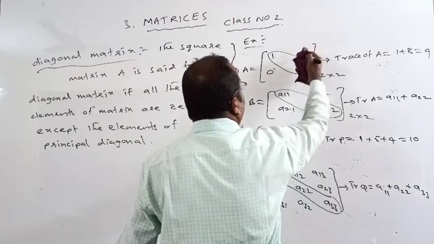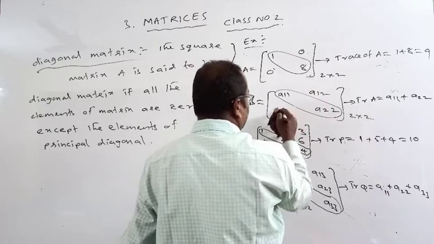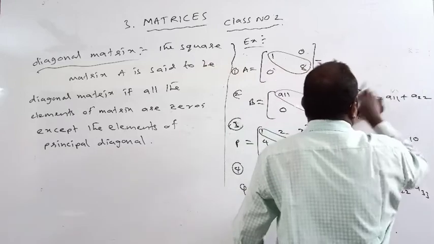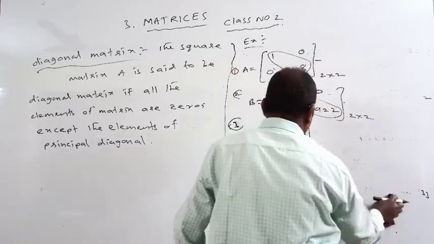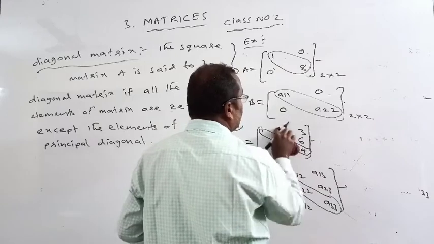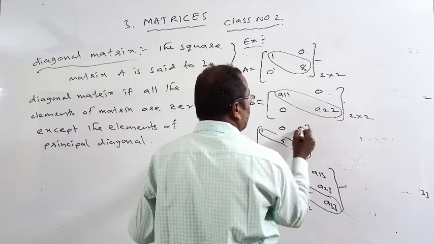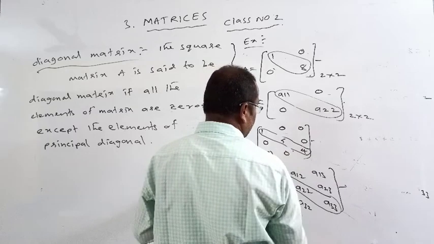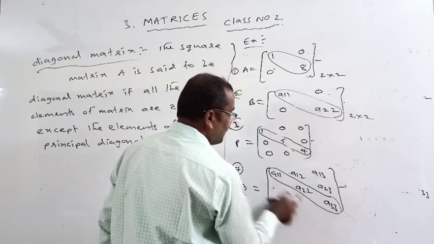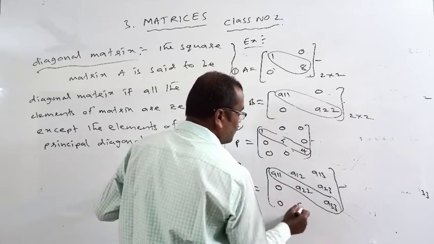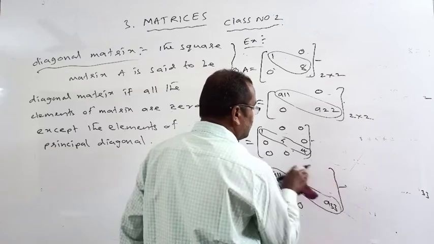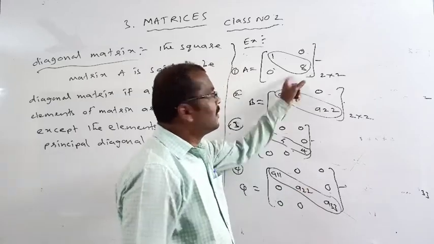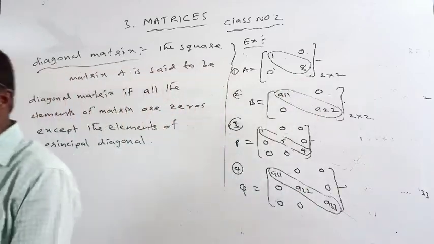Examples with zeros off the diagonal. Diagonal matrix means only diagonal elements are there.